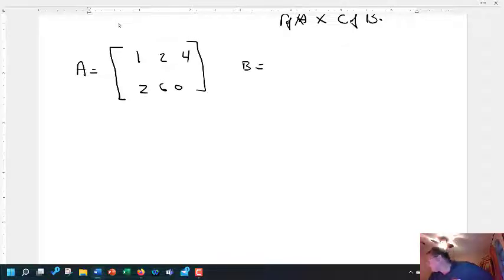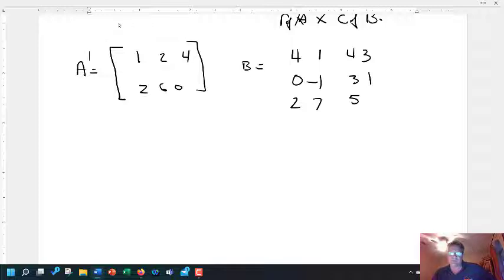B is going to be the following matrix: 4, 1, 4, 3, 0, minus 1, 3, 1, and then 2, 7, 5, 2.